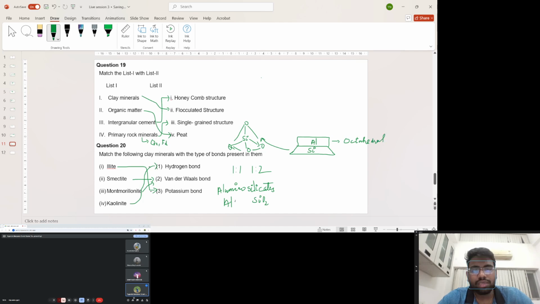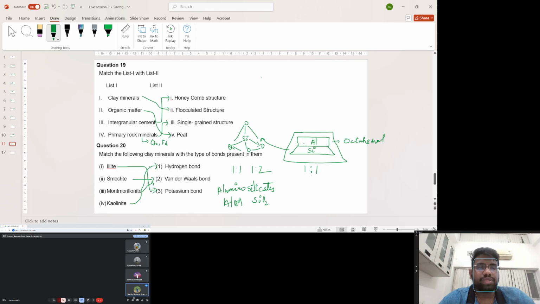It is essentially Al(OH), aluminum and hydroxide. If a single clay mineral consists of this arrangement, one aluminum and one silica, it is known as 1:1 arrangement. Kaolinite is one example of this arrangement.